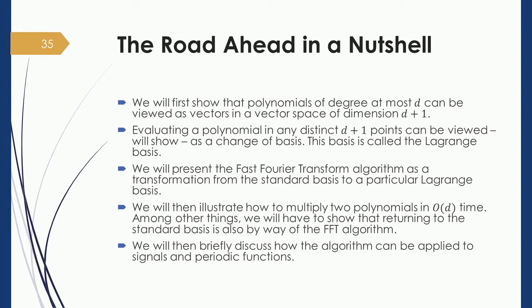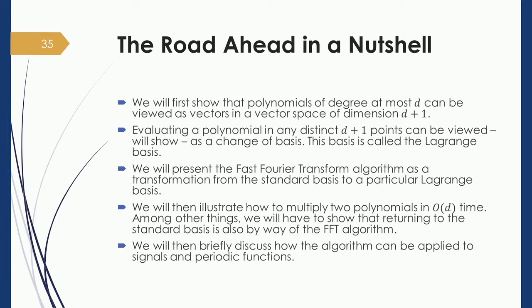We will present the fast Fourier transform algorithm as the technique for the transformation from the standard basis to this particular Lagrange basis. This transformation will take O of d log d time. In this transformed basis, the polynomial is essentially represented as its evaluation at d plus 1 points.